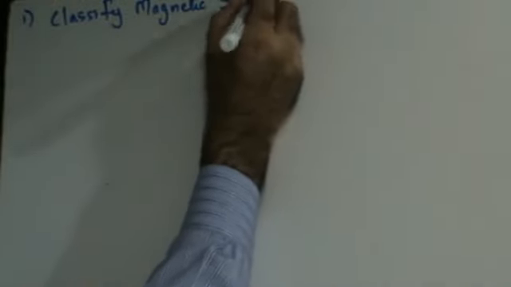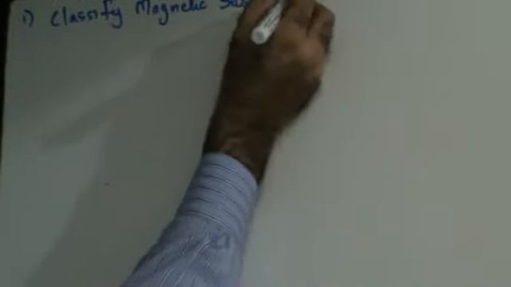Let's see this. How do I classify magnetic substances?